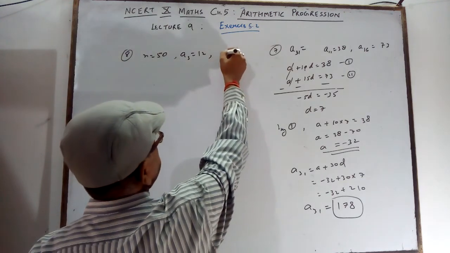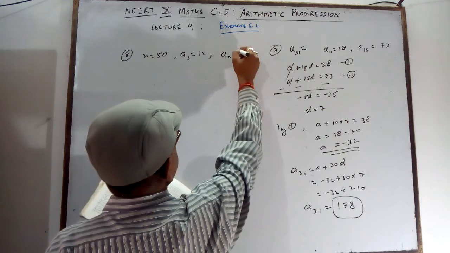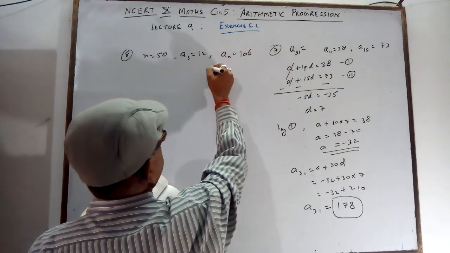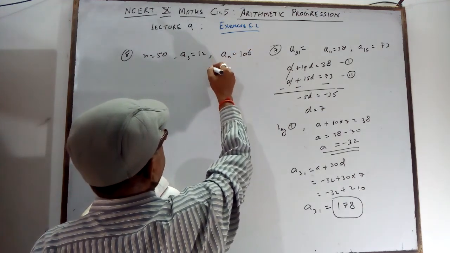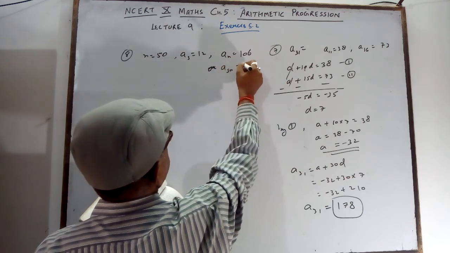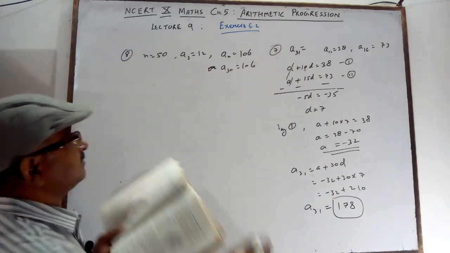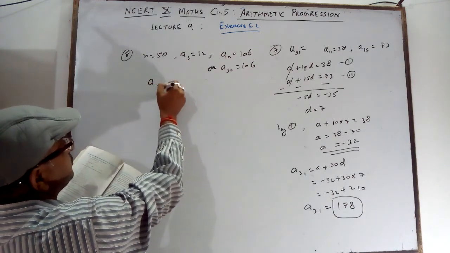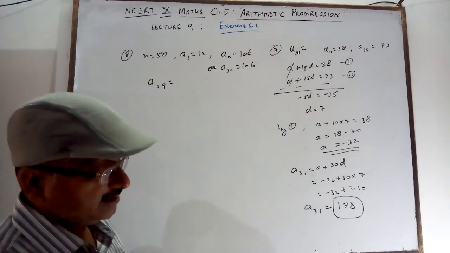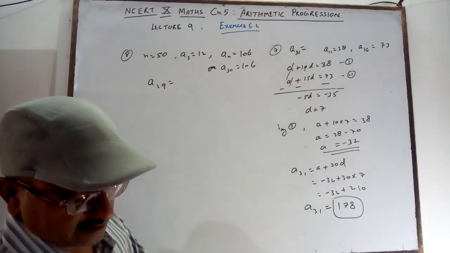Last term is AN, so A50 is 106. Find the 29th term. You want to find out A29.